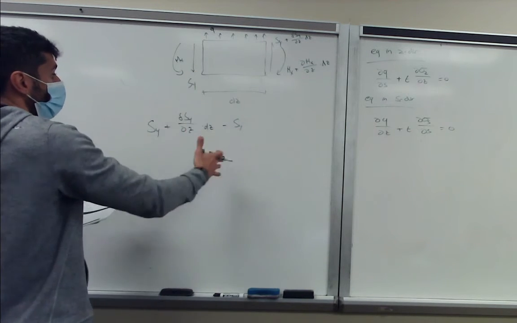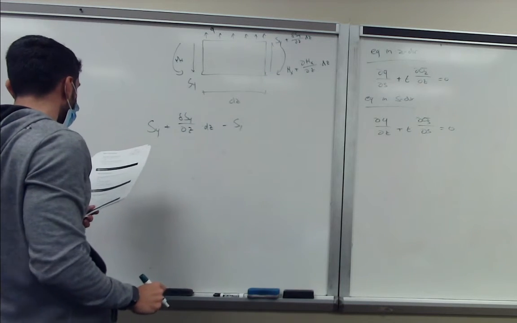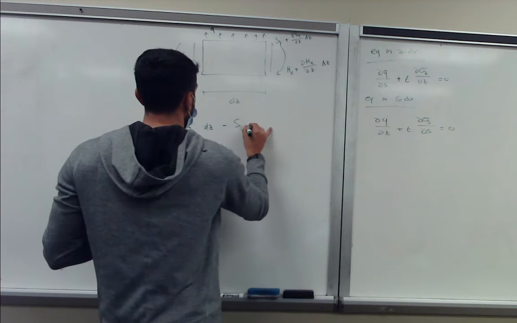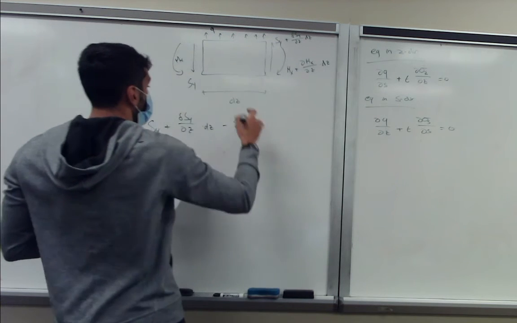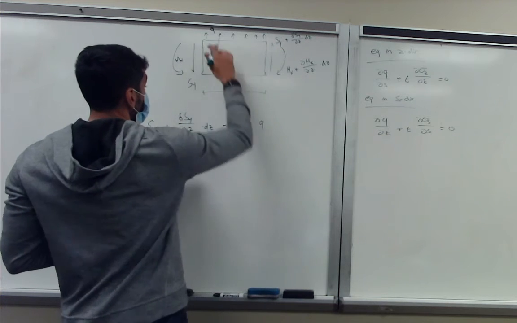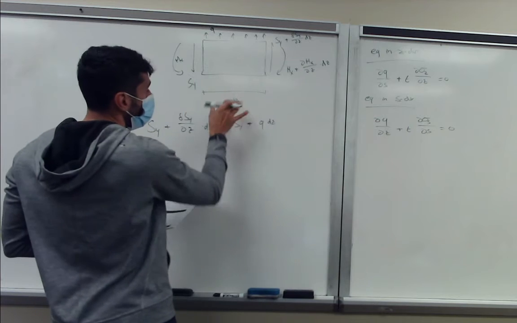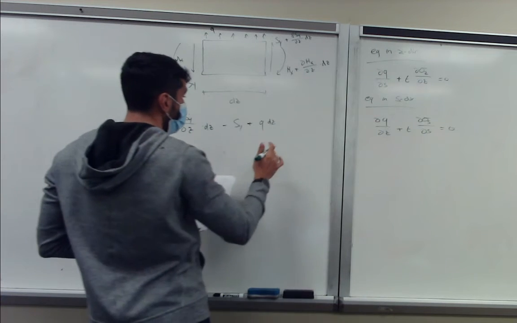Since there's force equilibrium, we can ignore the moments, and we relate that to plus Q, which is our force per unit length, multiplied by dz, since that's our length.